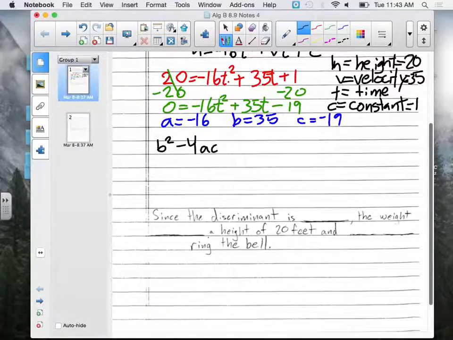Alright, so we have A, B, and C, so we can plug all those numbers in, right? So what would it look like? 35 squared minus 4 times negative 16 times negative 19.